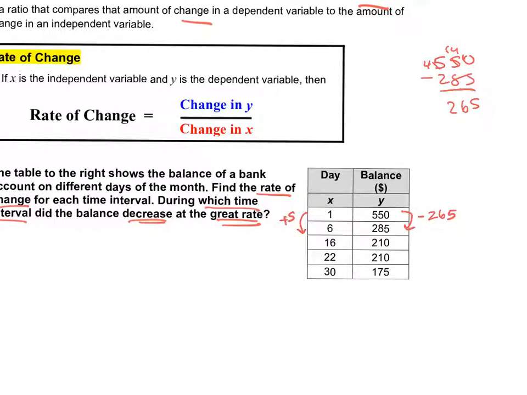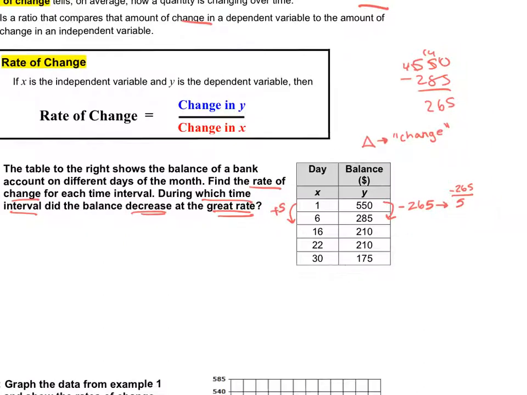So for this time interval, the rate of change, which we use the Greek letter delta to represent the word change, the rate of change for this time interval would be negative 265 over 5, which gives you a value of negative 53.